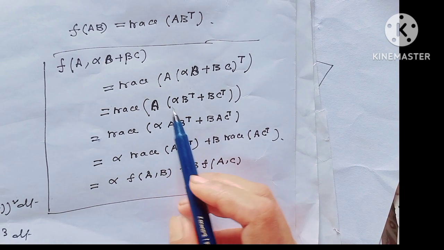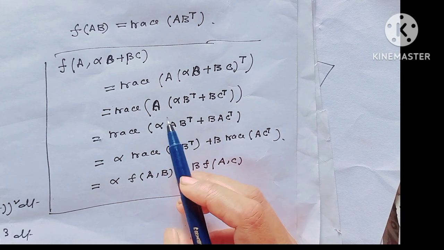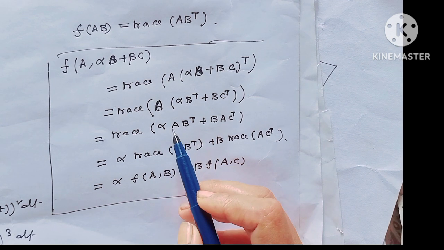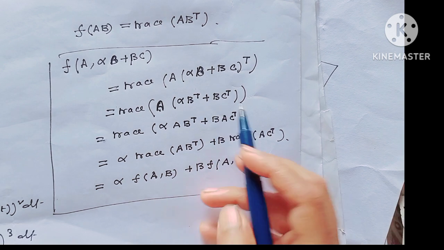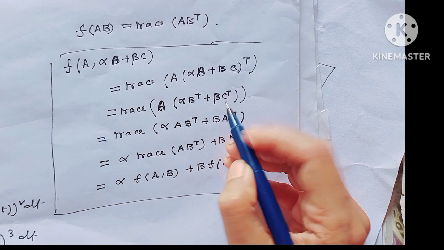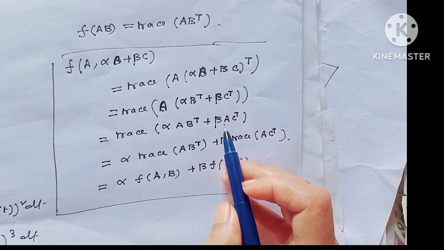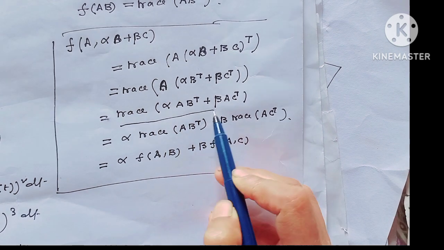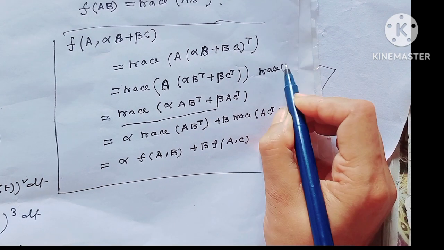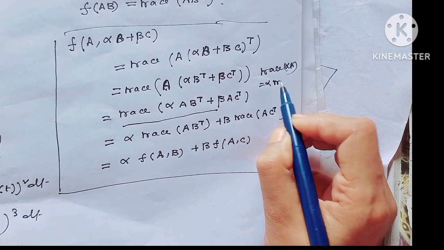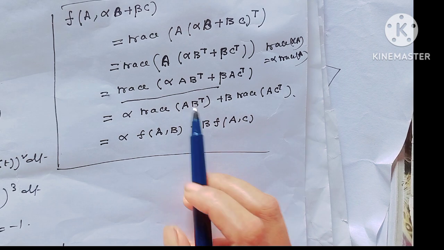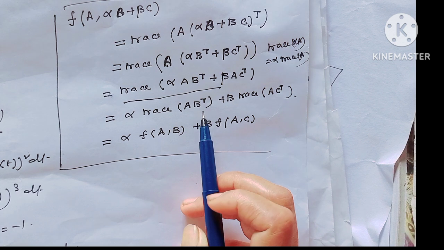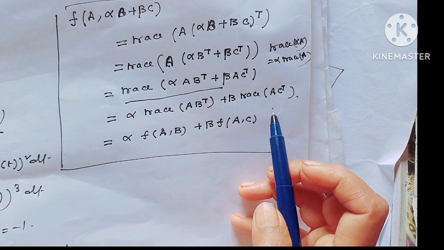And by the property of scalar, we can write trace of A alpha B transpose means trace of alpha A B transpose. Here beta is also a scalar, so we can write plus beta AC transpose. And by the property of the trace, trace of alpha A equals alpha times trace of A. Therefore, we can write this as alpha times trace of AB transpose plus beta times trace of AC transpose.